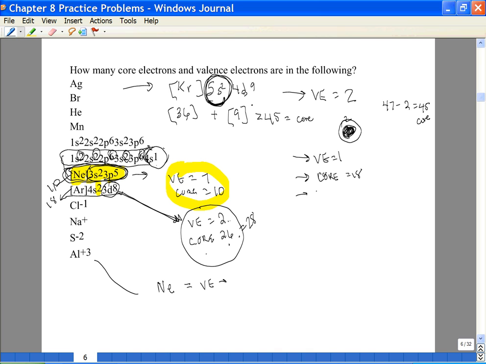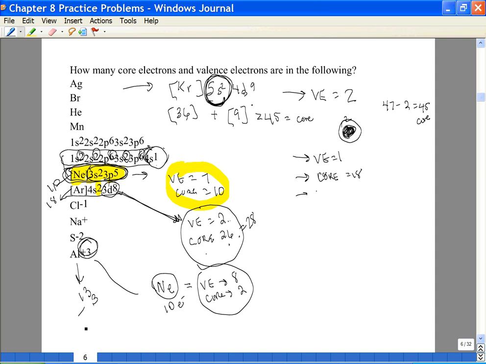You take the atomic number for aluminum, which is 13, and you know you have a positive charge of 3, so that means we're removing 3 units of negative charge. That means we're removing 3 electrons, and that gives us a total of 10 electrons.